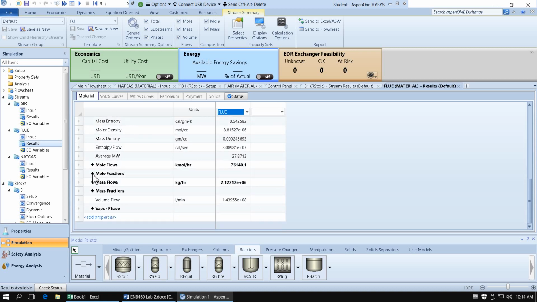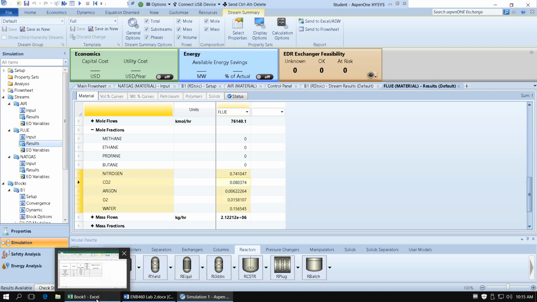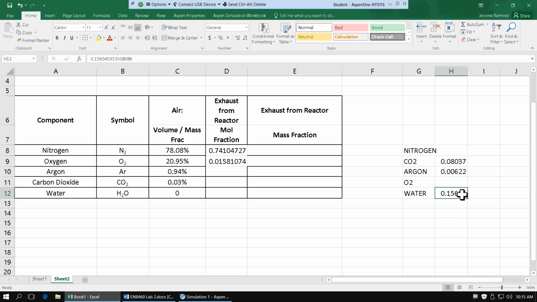We can do mole fractions. We have this, so we can directly copy that to our Excel. Yep, and then we just need to match it properly to whichever component it matches to.